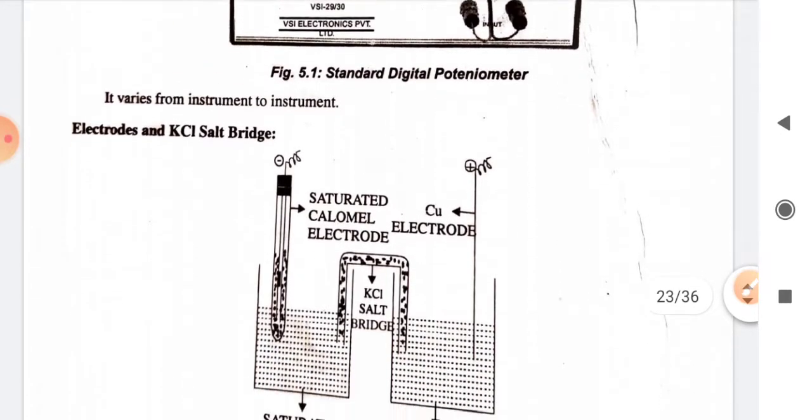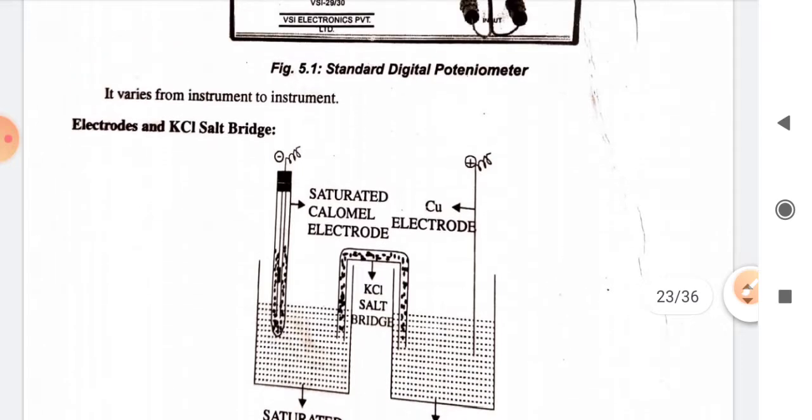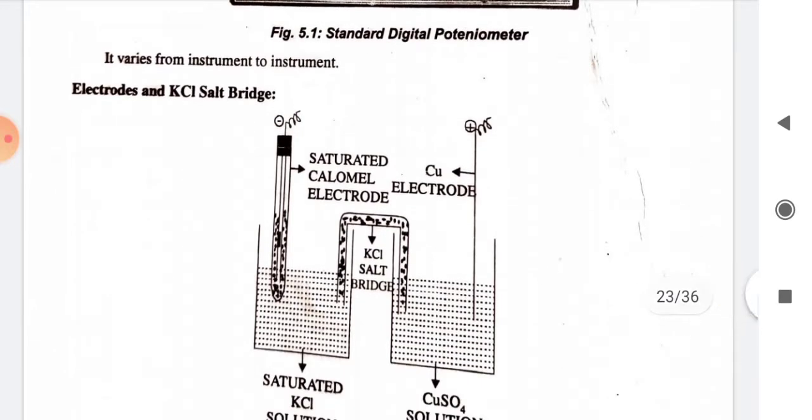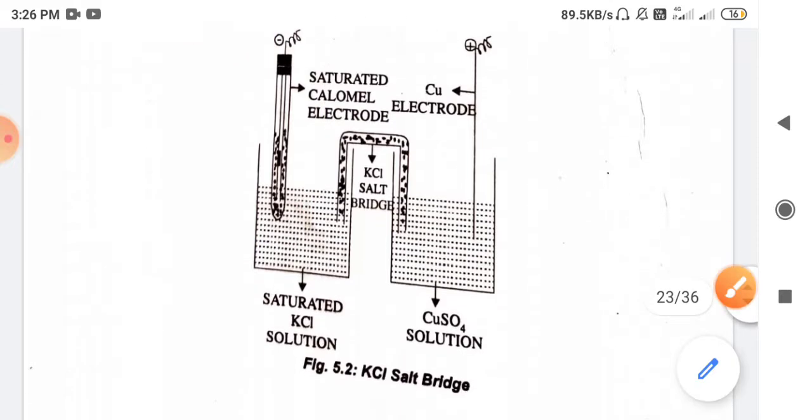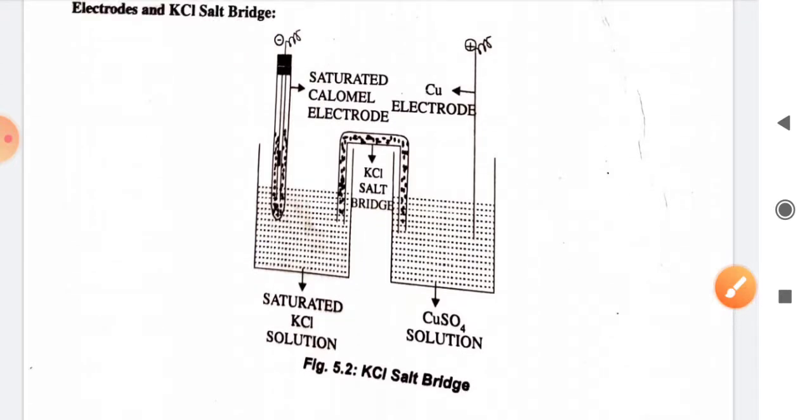Or sometimes we might use the dual glass electrode, as we have seen here. This type of glass electrode is there, and this is the saturated calomel electrode. The glass electrode can also be used for the measurement of potential in the given solution.